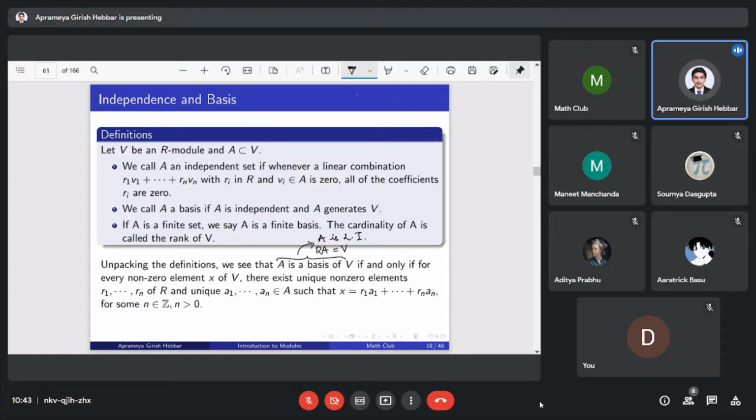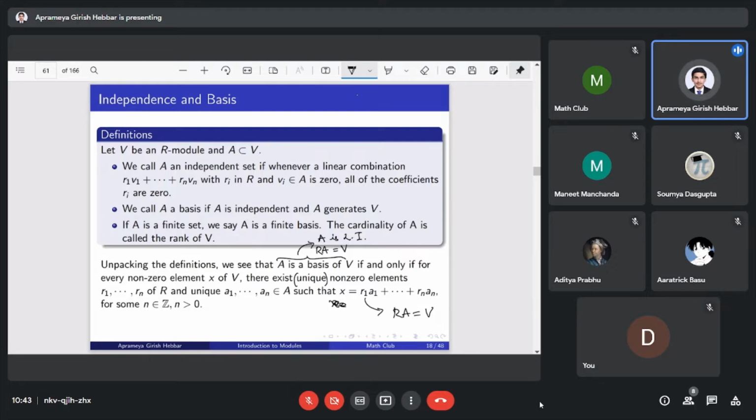For every non-zero element x of V, there exist non-zero elements r1 up to rn and a1 up to an such that x equals r1 a1 plus r2 a2 up to rn an. The existence of such ri and ai such that x is a linear combination is due to RA equals V.